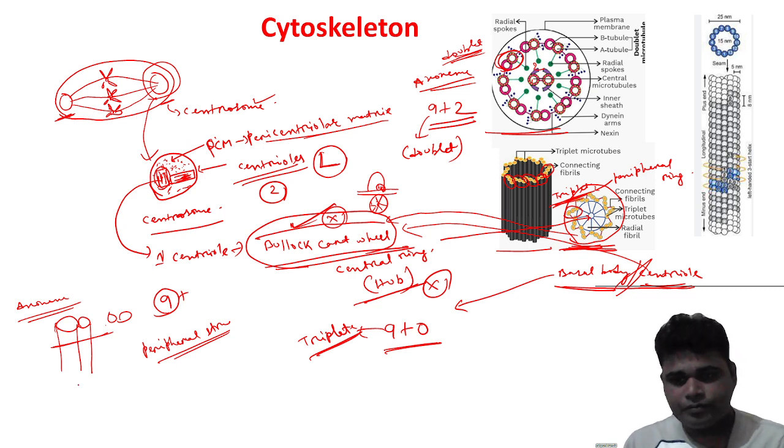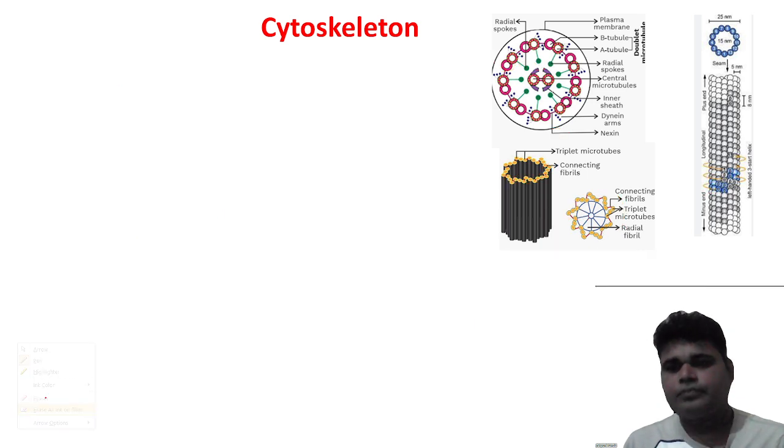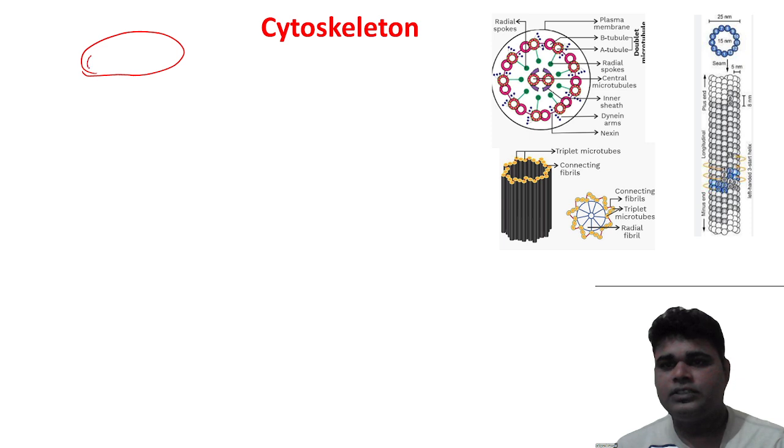Now this is the centrosome, and this is another centrosome. In each centrosome, two centrioles are present perpendicularly.